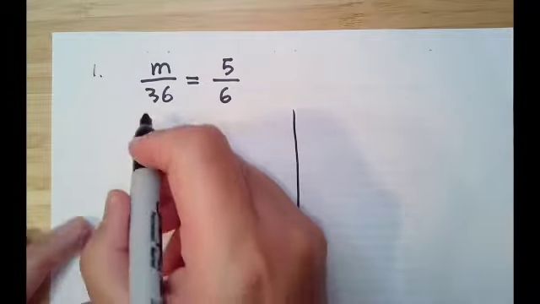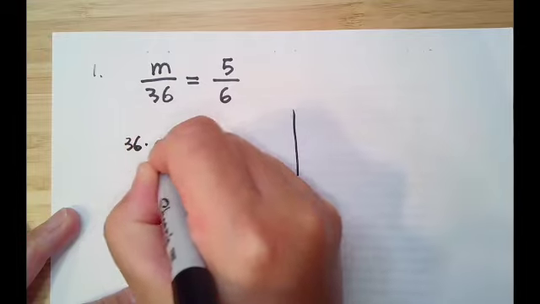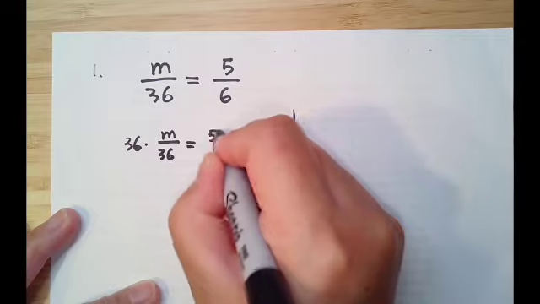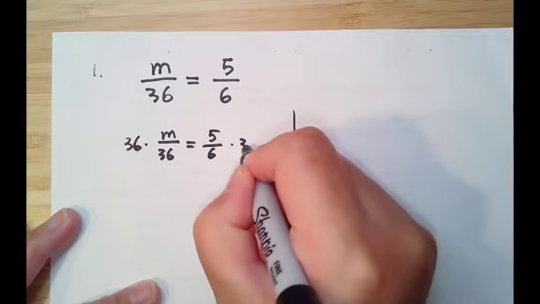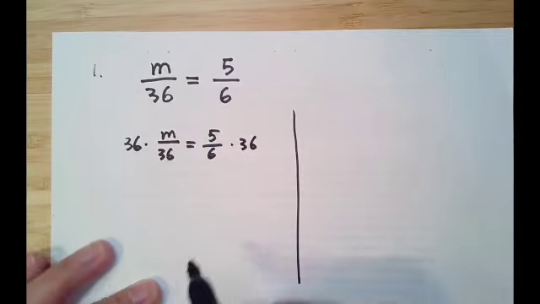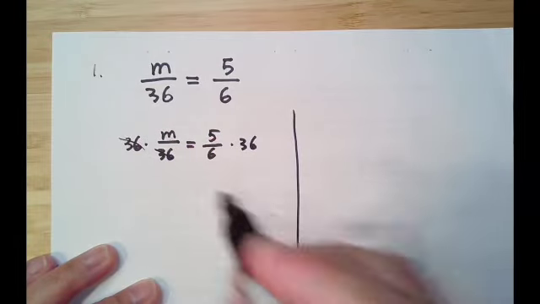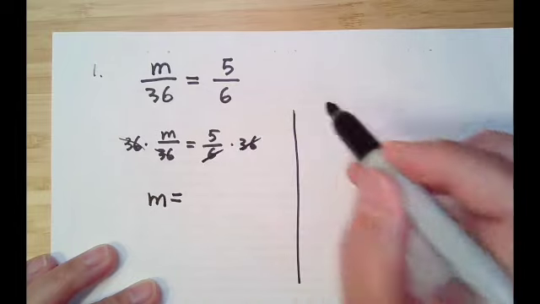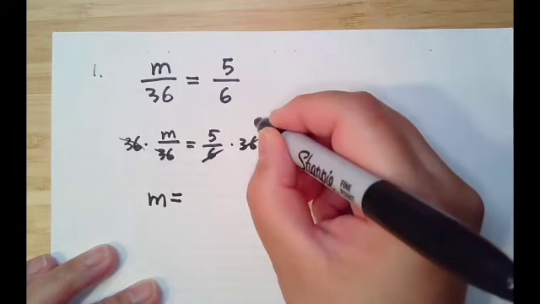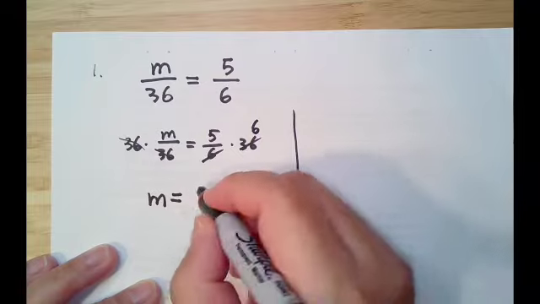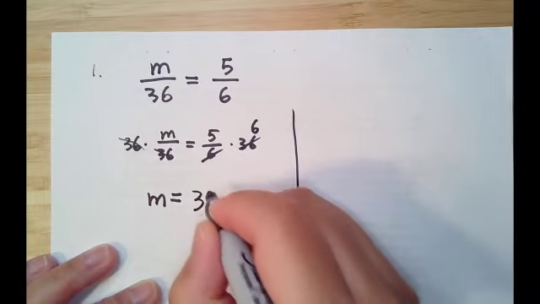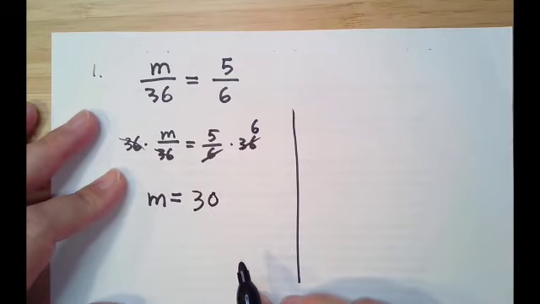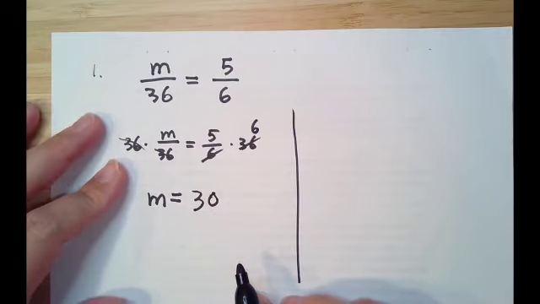First, we multiply by 36 on both sides. m over 36 equals 5 over 6, also times 36. On the left side the 36 will be gone, you have m. And on the right side, this is 6 and the 36 get cancelled, you have a 6. So 5 times 6, that is 30. This is what we learned earlier, that we perform the inverse operation.